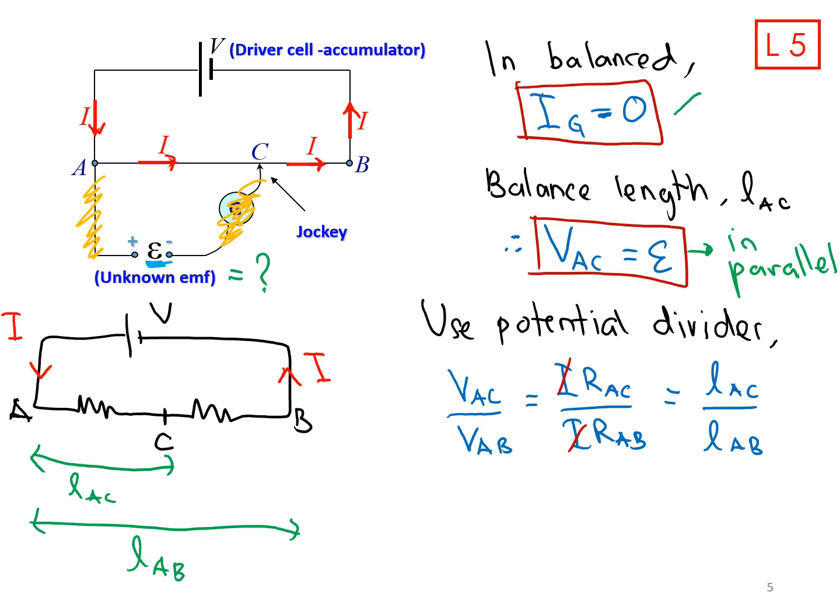Then what happened? I rewrite VAC over VAB equals LAC over LAB. And we want to find VAC, right? Because VAC is equal to the EMF connected in parallel just now. Then just rearrange your equation. Make your EMF the subject.